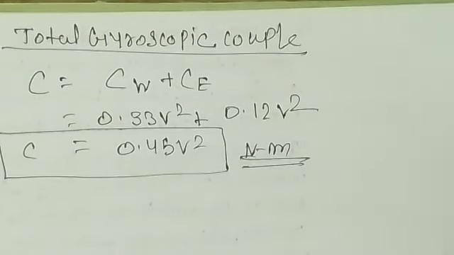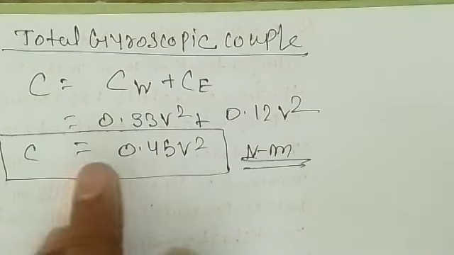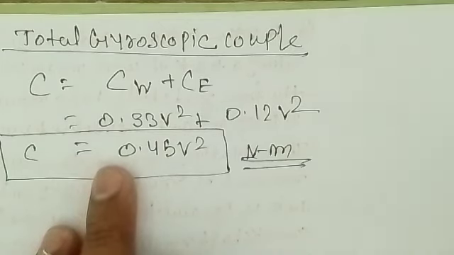Now what we need to do, because of this gyroscopic couple, the road reaction will act, the vertical reaction will act. That vertical reaction will be upward on the outer wheel and downward on the inner wheel, right? And the magnitude of that road reaction we will denote by P by 2, right?